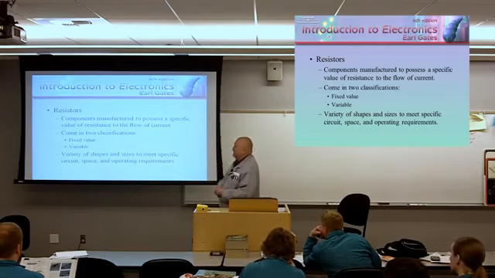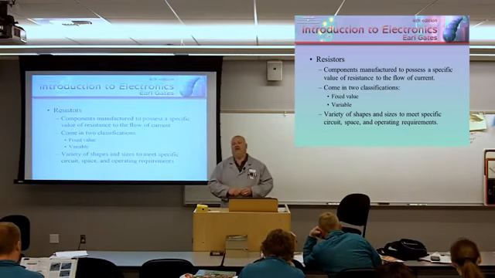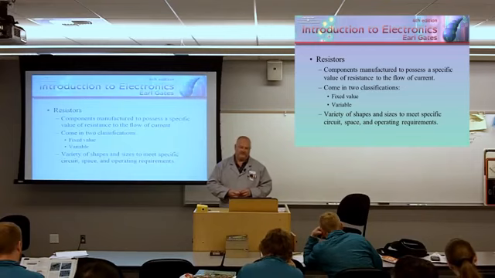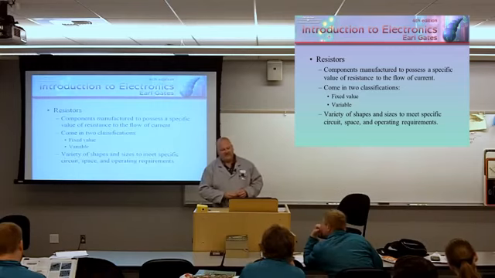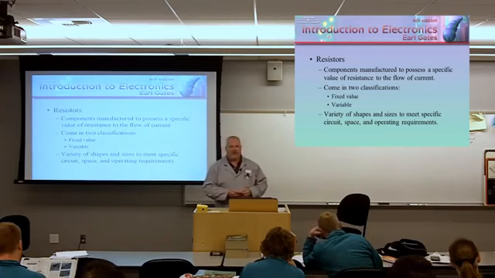Comes in 2 different classifications. One is a fixed value, meaning what you see is what you get. And the other is a variable value. Variable, meaning we can adjust it. Variety of shapes and sizes to meet specific circuit, space, and operating requirements.